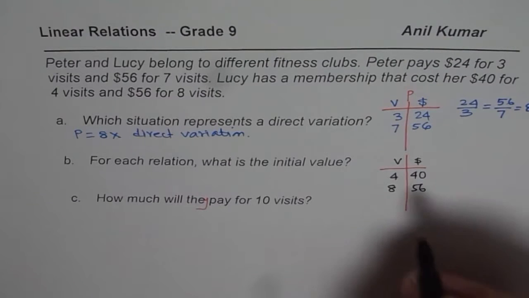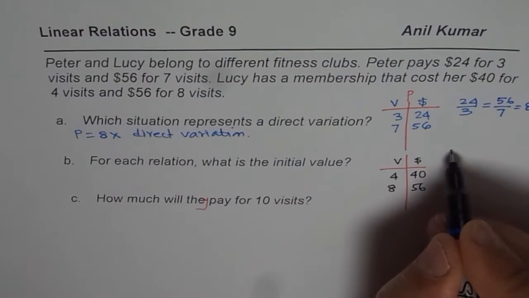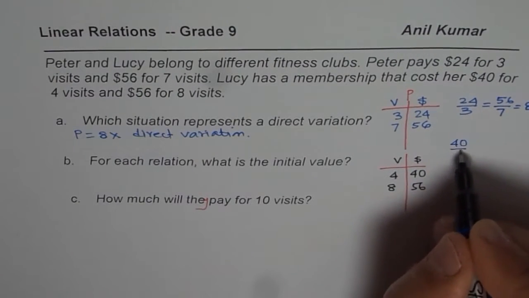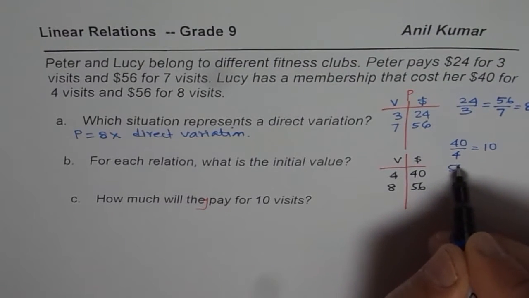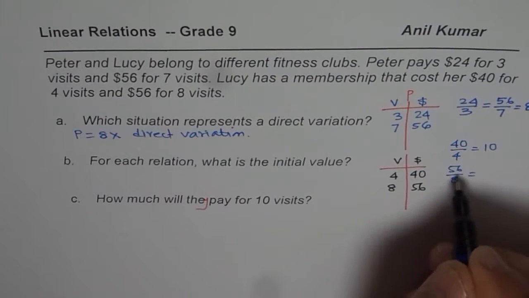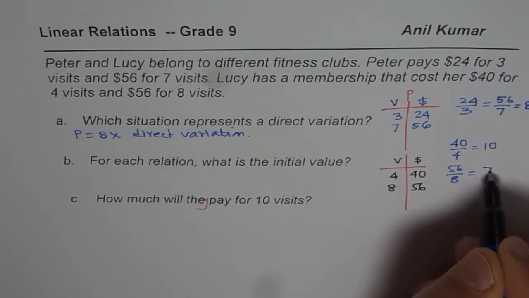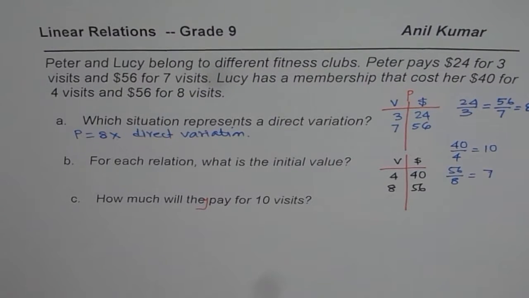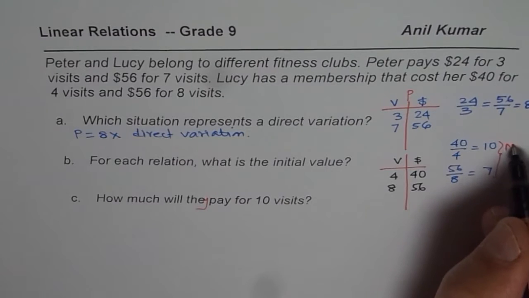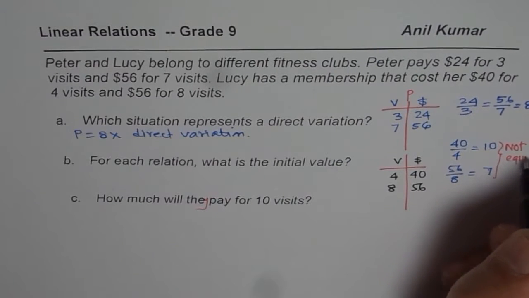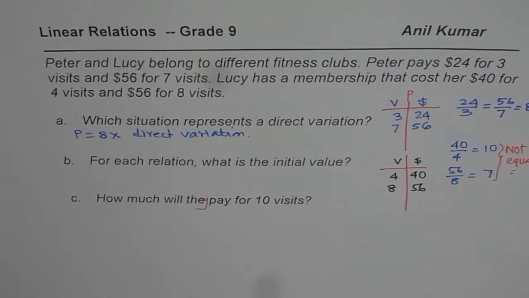In the first case, 40 over 4 is equal to 10, and 56 over 8 is equal to 7. They are not equal. Since they are not equal, that tells you that it is not a direct variation. It is a partial variation.